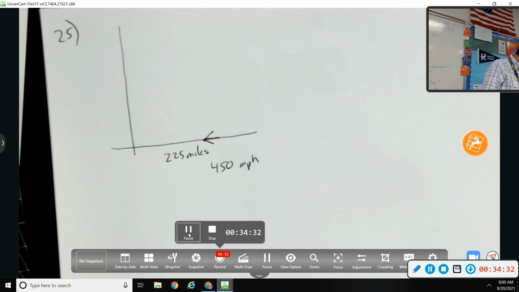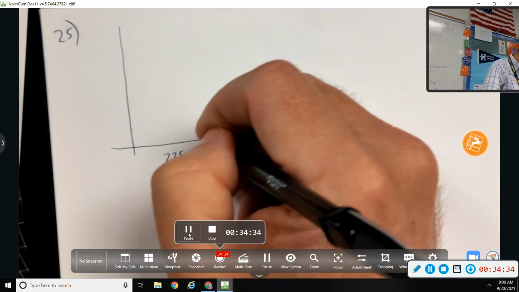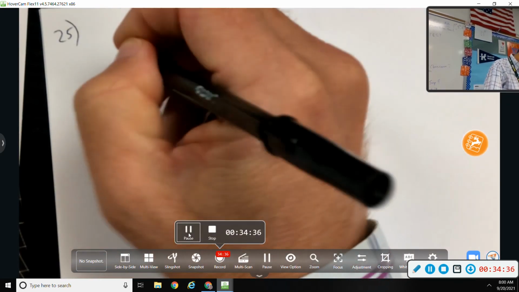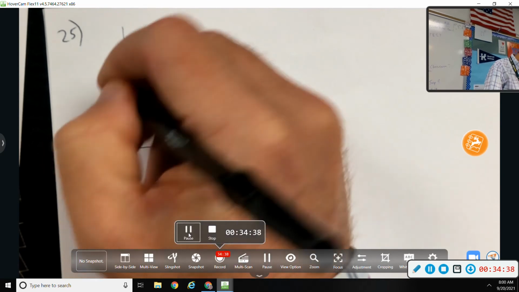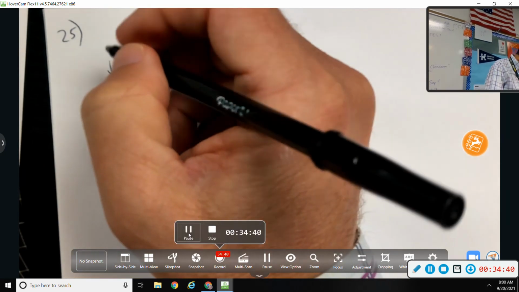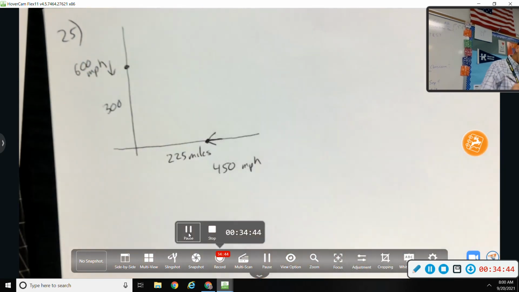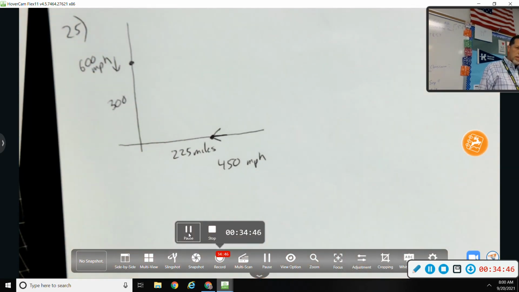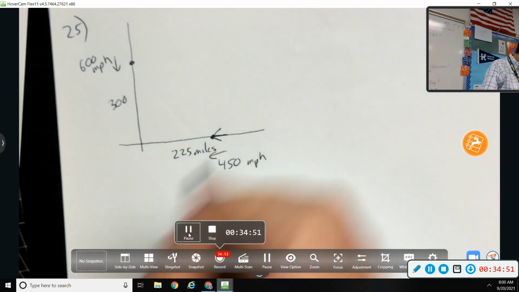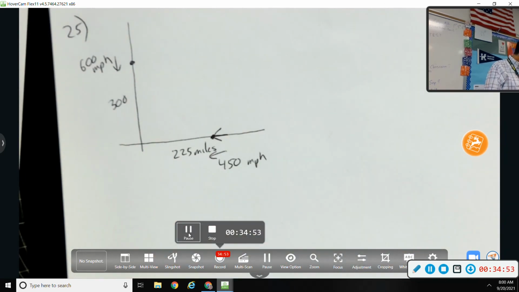The other plane is 300 miles from the point, moving at 600 miles per hour. At what rate is the distance between the planes decreasing?